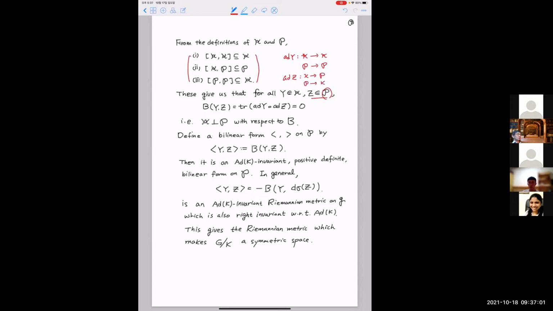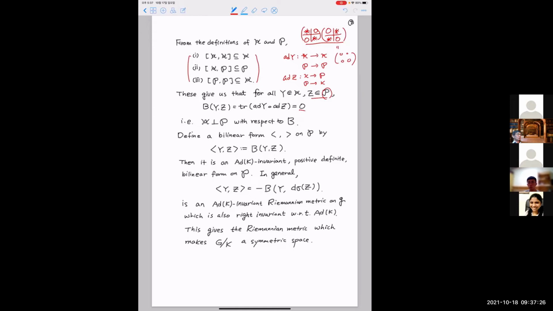If you think of the matrix form like this, one is block diagonal and the other is block off-diagonal, so their product has trace 0. So we have this equality.